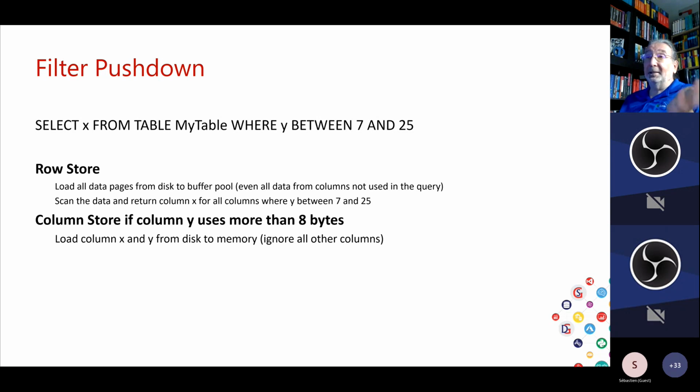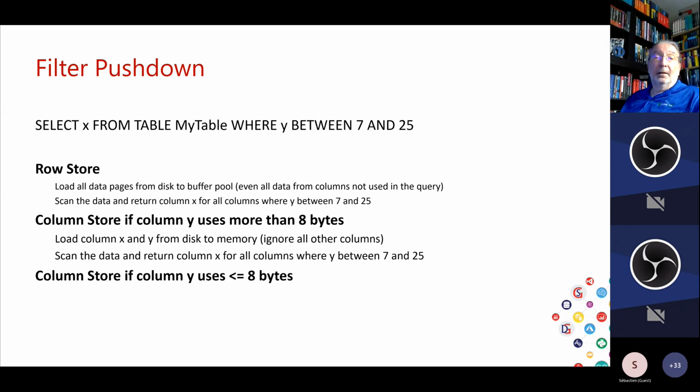That is a significant savings for the query processor that doesn't have to deal with hundreds and hundreds of rows. So basically, instead of filtering in the query execution, they can push down the filtering to the data retrieval from storage. But it only works if the data fits into 8 bytes.